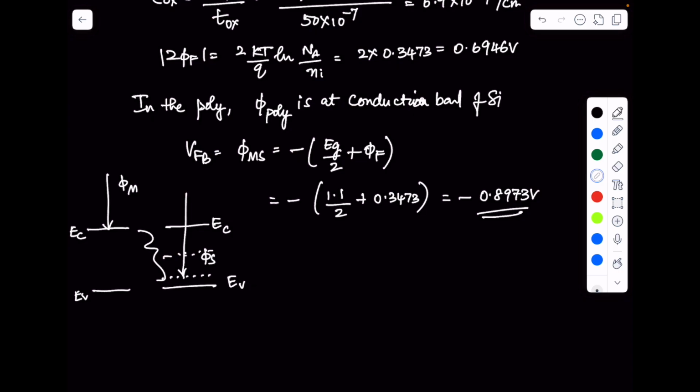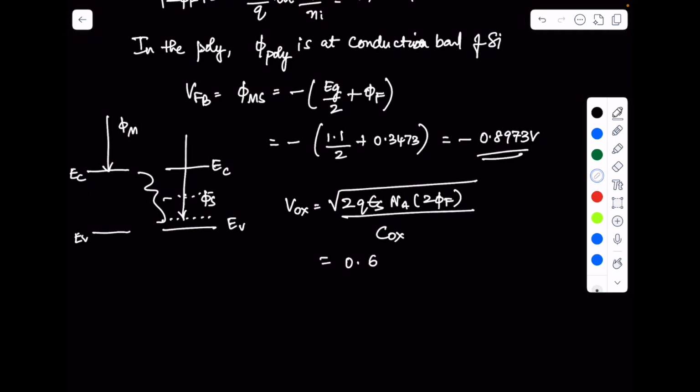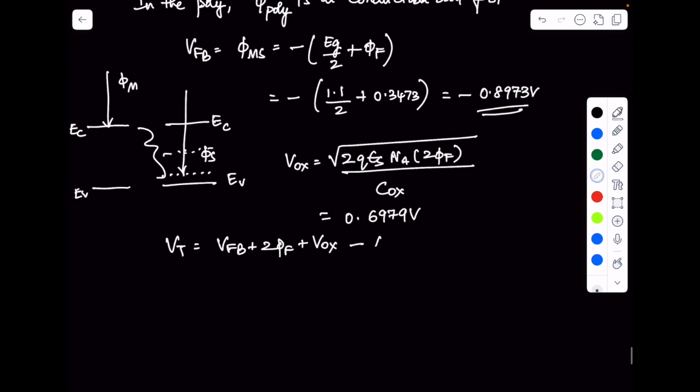Now, at Vt, we calculate the drop. So Vox is again given very simply by root of 2q epsilon s Na into 2φf by Cox. Again, everything is known in this equation, and so you can get your Vox to be 0.6979 volts. Right? So now if I look at Vt, my Vt is VFB plus 2φf plus Vox minus Qf by Cox, right?